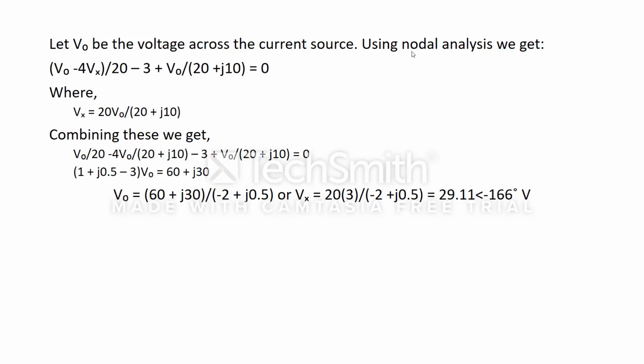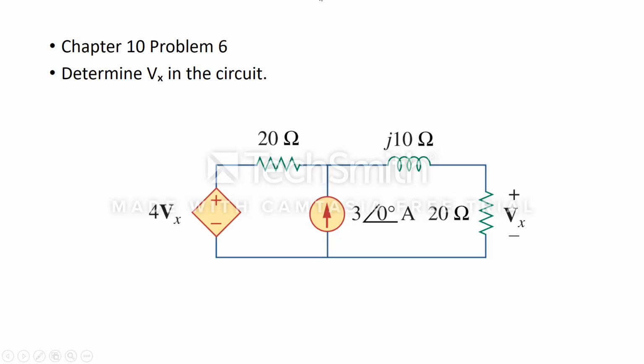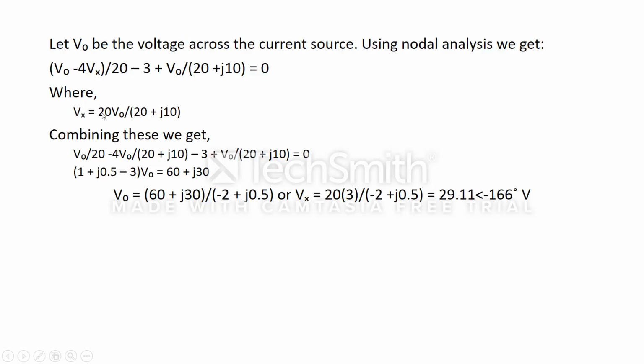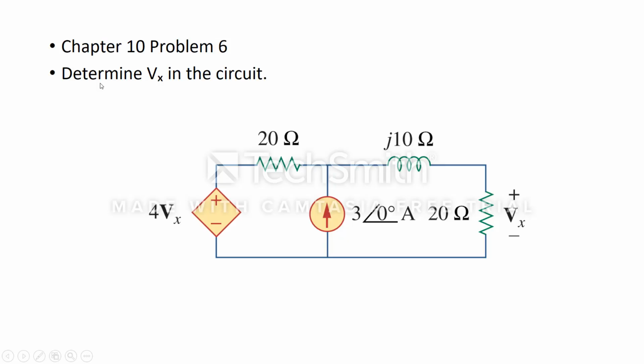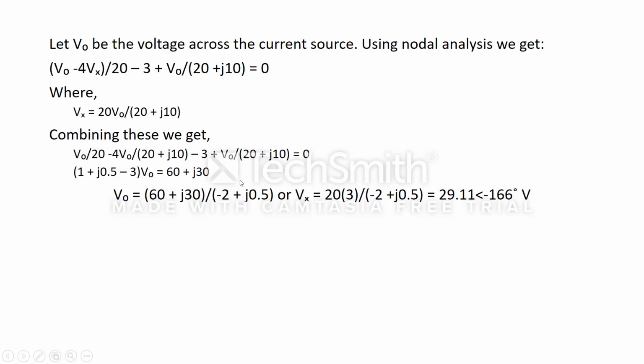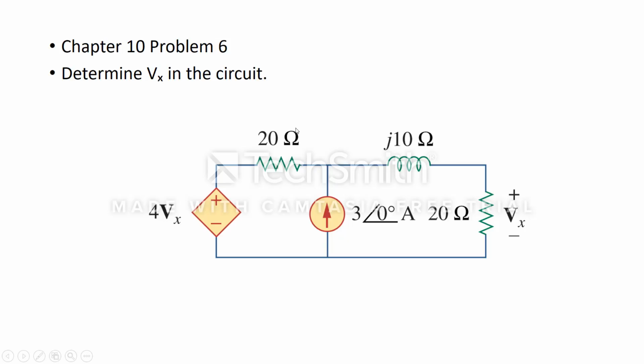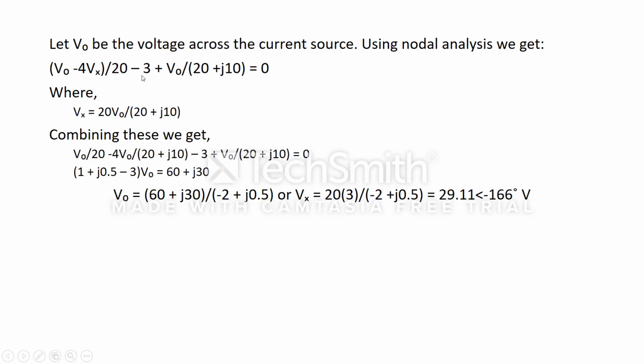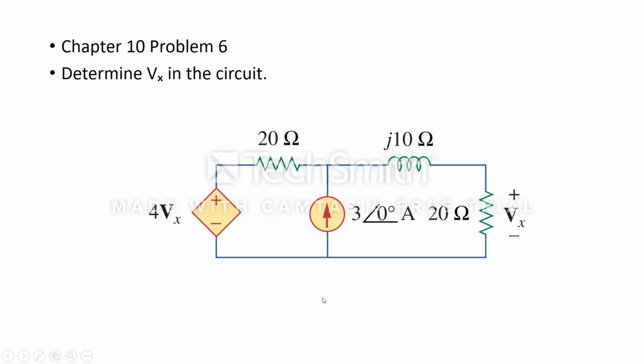So we consider this node, which we assume as V naught. As we can see in this video, V naught minus 4 Vx, that is the potential drop across this part, divided by 20, the resistor over here, gives the current over this part, and minus 3 is the current source over this part.